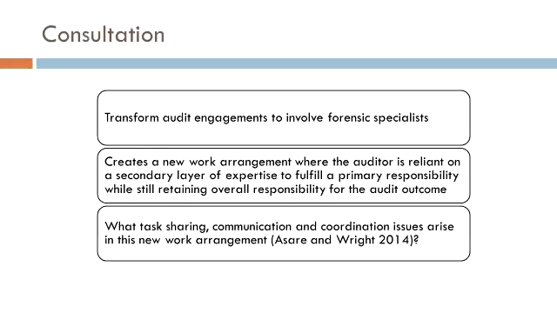That secondary layer of expertise will be the forensic specialist, although we will still be in charge of the primary responsibility of reporting on the client. So as I say over there, we will still retain overall responsibility for the audit outcome, but we will outsource part of the task to a forensic specialist.